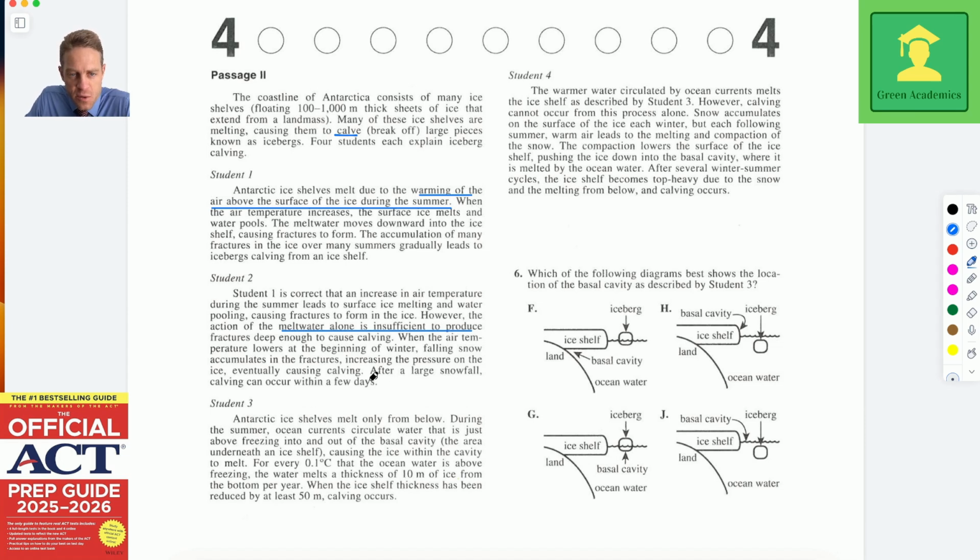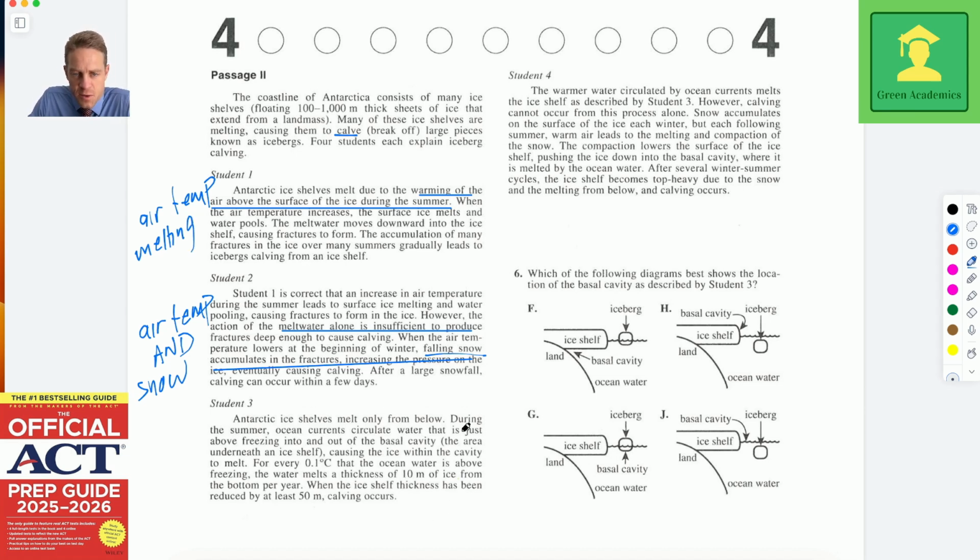When the air temperature lowers at the beginning of winter, falling snow accumulates in the fractures, increasing the pressure. After a large snowfall, calving can occur. So this is basically the air temp and snow. Whereas person 1 says it's the air temp melting surface ice.